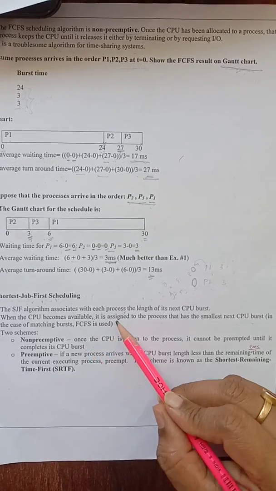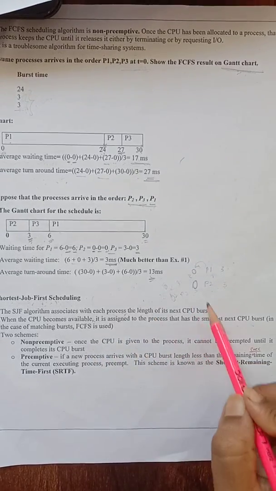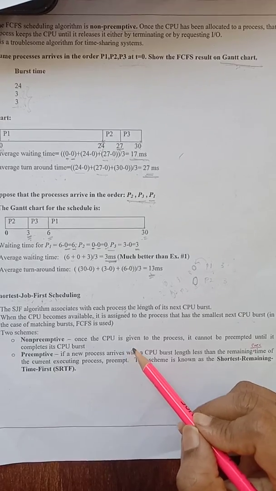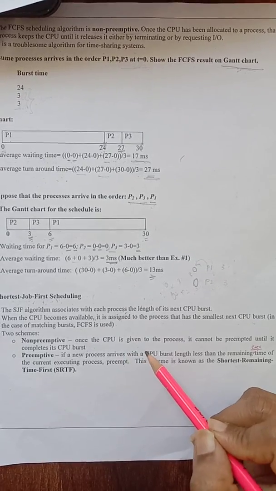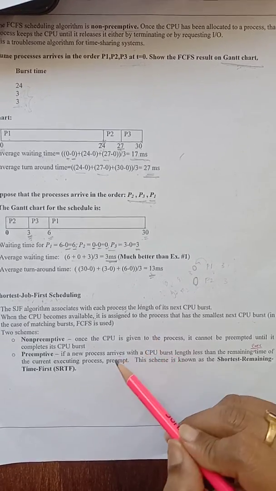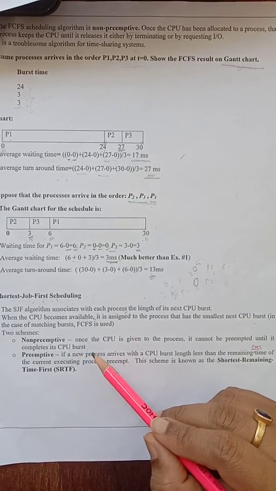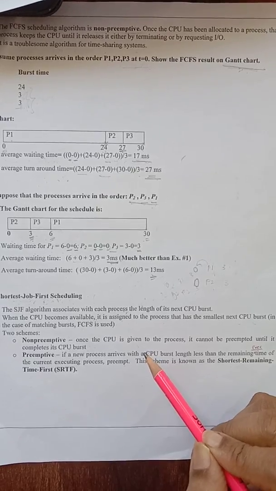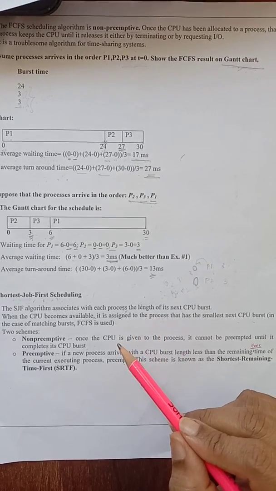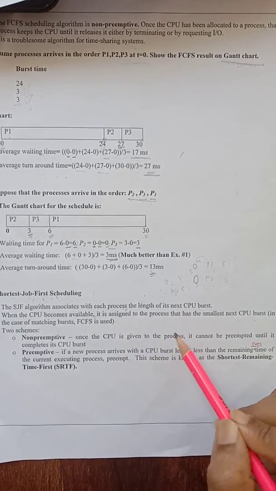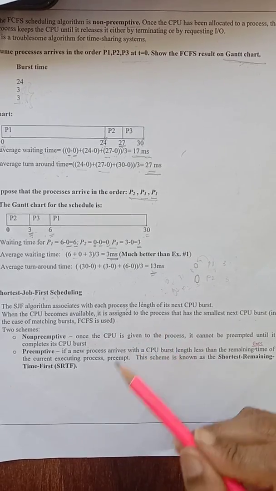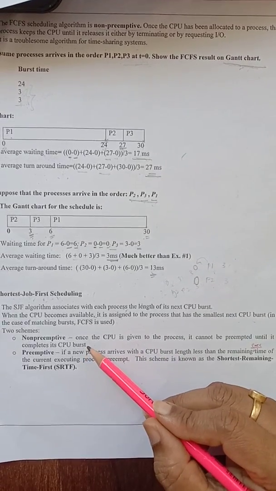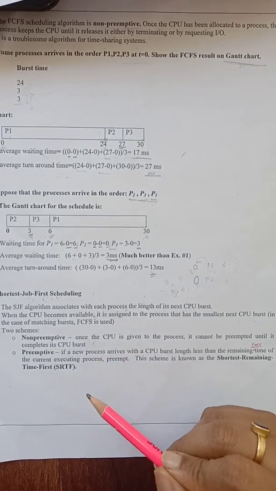Say there are n processes which arrived at the same time, and we need to choose the process which has the smallest CPU burst time. Once the CPU is given to that process, the other processes have to wait until it completes the job. Once it releases the CPU, it will be given to the next process whose burst time is smaller than the remaining processes. That's the non-preemptive version.